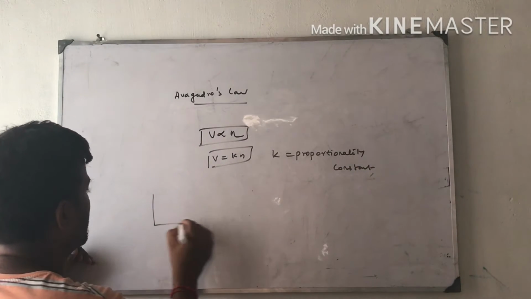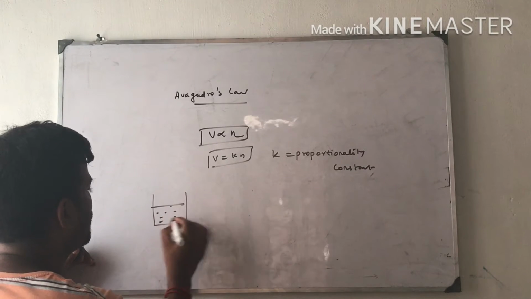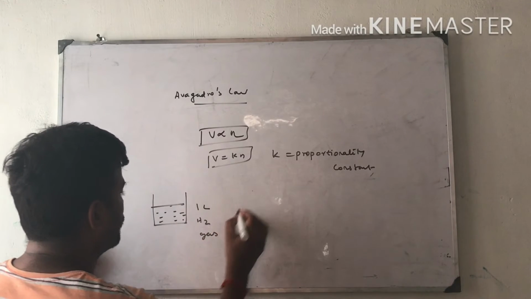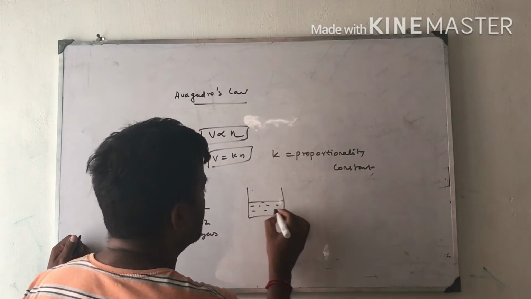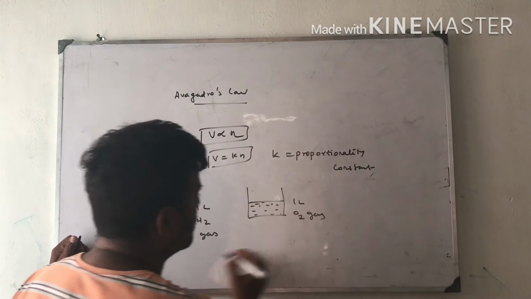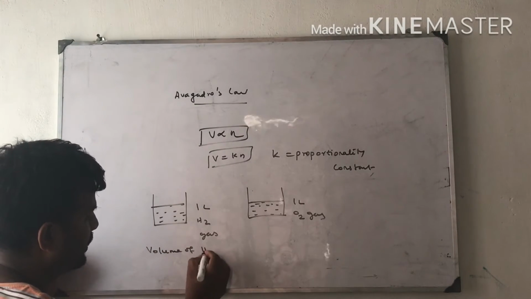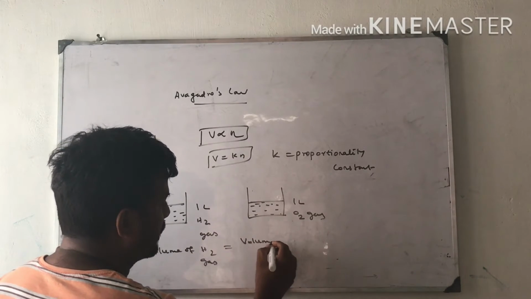Suppose I am taking a cylinder filled with 1 liter hydrogen gas and another cylinder filled with 1 liter oxygen gas. So the volume of hydrogen gas is equal to the volume of oxygen gas.